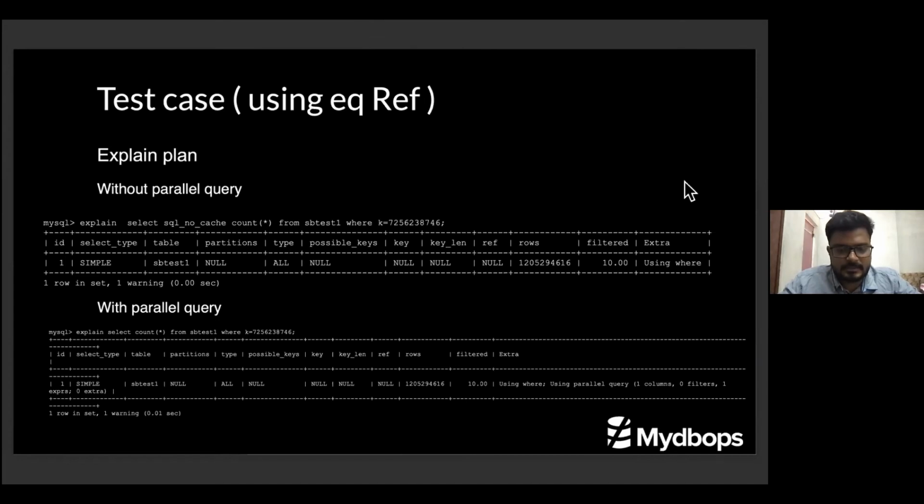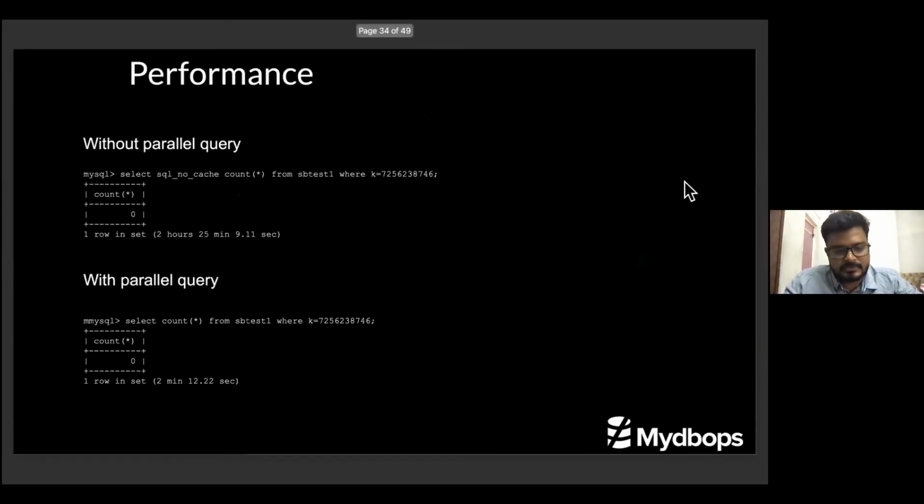This went for a complete full table scan. At the time, the query execution took the same 2.5 hours for completion. But after enabling the parallel query, it took just 2 minutes. The table size was around 255 GB, and the index is also not present in the where condition, so it will definitely go for a complete full table scan.